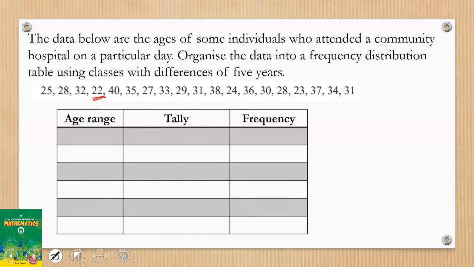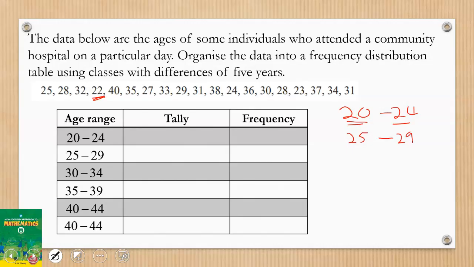So if you want to create classes for this with the upper and lower class, since we have 22 in it, we can, let's say, start from 20, and because we are looking at a difference of 5 years, from 20 we have 21, 22, 23, 24, so we can have 24, so that we have 5 in all. From 20 to 24 is 5 years, you understand? And so we can create from 25 to 29, and so on. This is a repetition, so there's nothing here, so we take it out.